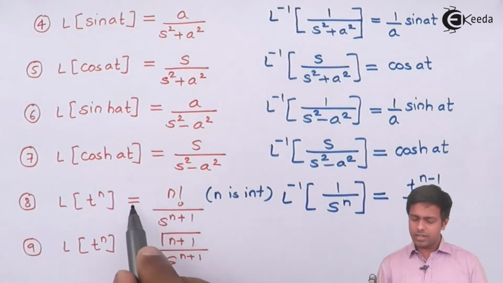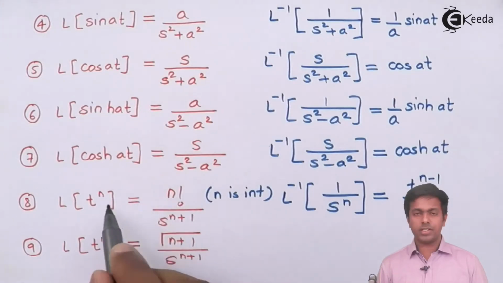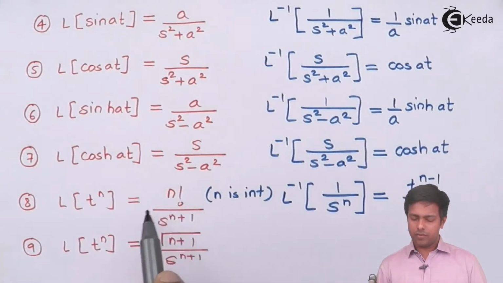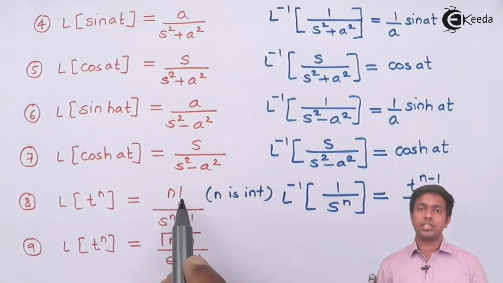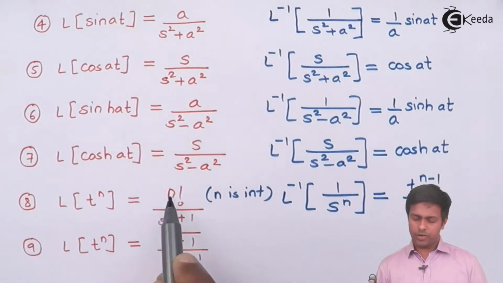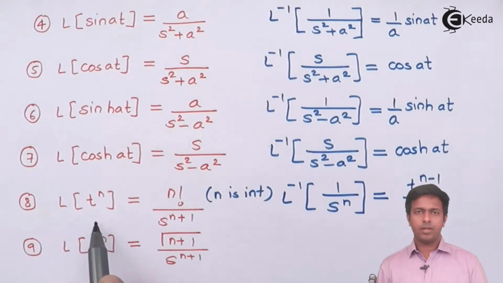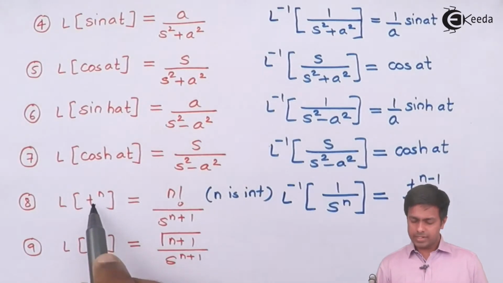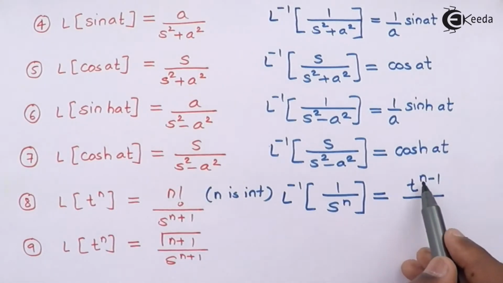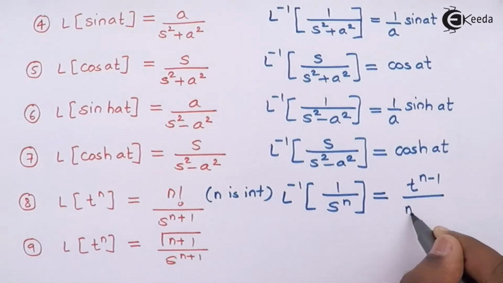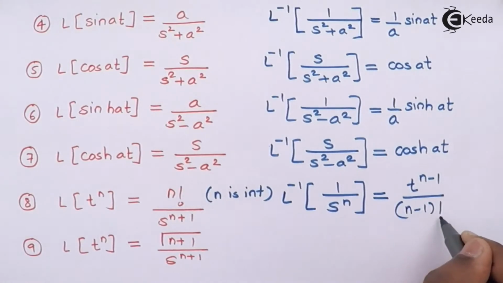Similarly, I have not considered n factorial in L inverse, because while finding L inverse we take L to the RHS, so n factorial is outside the L inverse. It will go to LHS and divide there. And one more thing we observed is that the power of t is exactly equal to the factorial. So now the power of t has become n minus 1, and here we will get n minus 1 factorial.